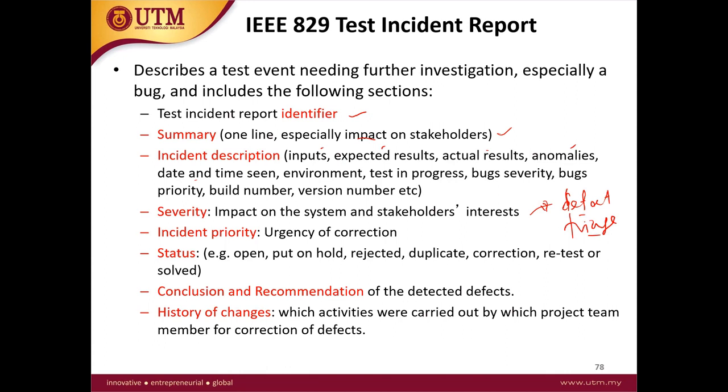So it is not the decision of a tester alone, or a developer alone; the tester and developer, together with the stakeholders, the customer, determine the severity of the incident. Incident priority is about the urgency, whether it is high, medium or low. So it is urgent.